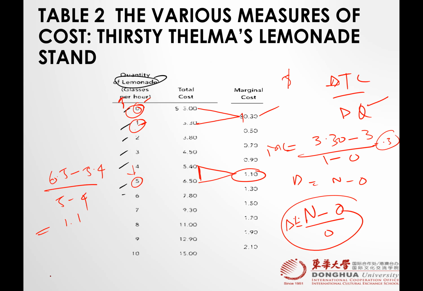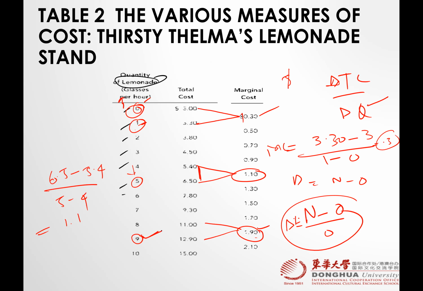Yeah, thank you. So where did this 1.90 come from? It is 12.9 minus 11, divided by 1. This is the MC of which unit? The 9th unit. 1.90 is the marginal cost of producing the 9th unit.